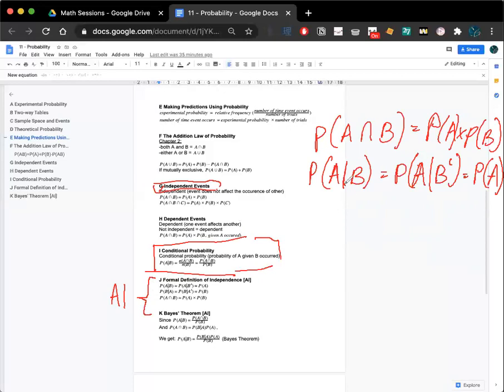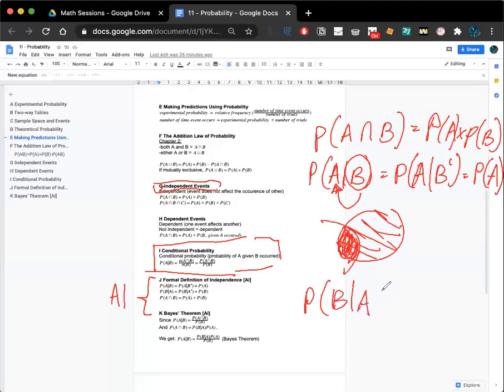Because again, the chances of B doesn't influence the chances of A. Even if they're asking you the chances of A when B is happening, the chances of A will remain the same, no matter what. And it also applies the same for its counterparts if all the variables are independent.